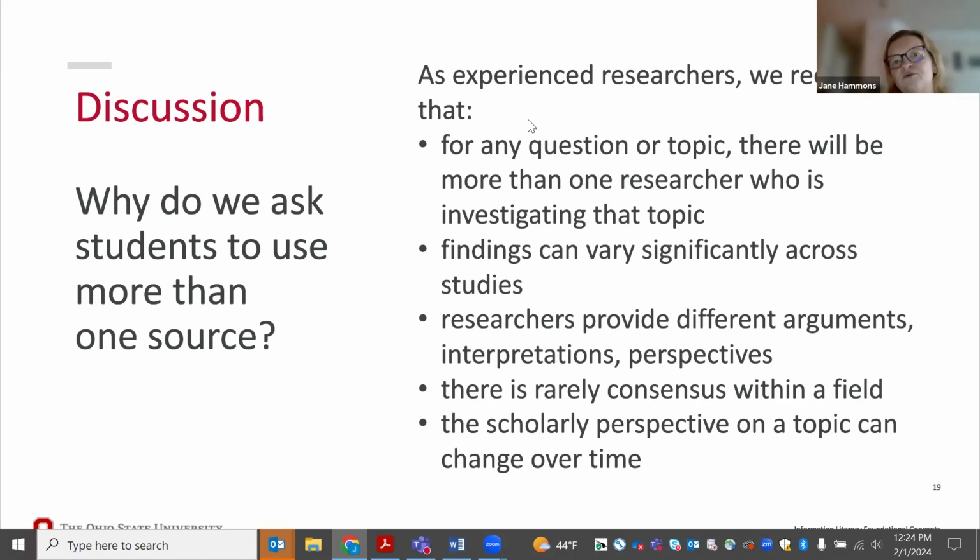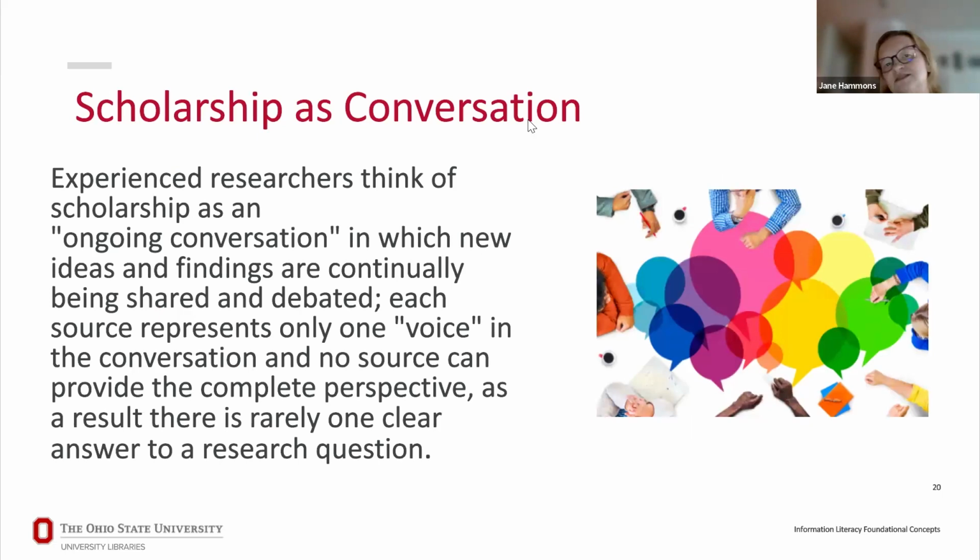So in other words, we recognize this idea of scholarship as an ongoing conversation. Maybe not always consciously, but we think about scholarship as a conversation. We know that sources are always talking to each other. Authors or scholars are always talking to each other through their work. They're debating each other, they're sharing their ideas, their findings, their perspectives, they're arguing, they're building on each other's work. So we know that each source is like a voice.